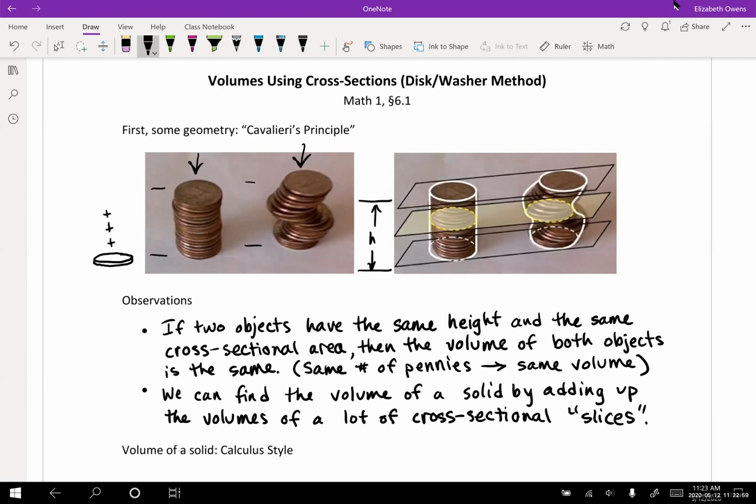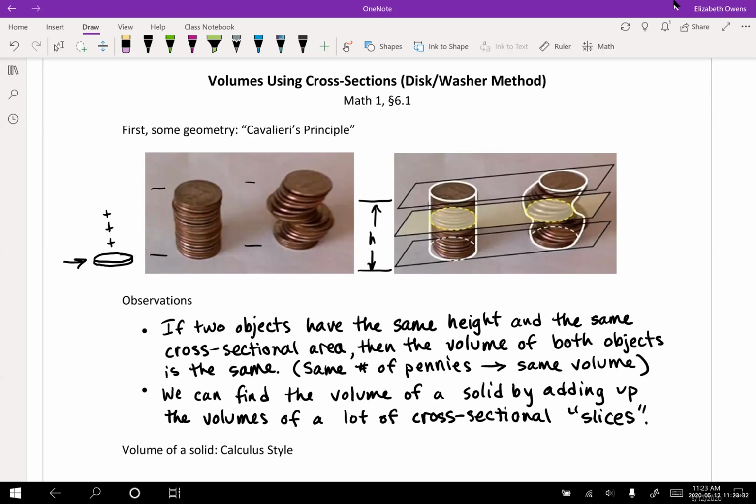Okay, so yeah, like how we're doing here with the pennies, if you think of the volume of one individual penny, that would be like a little cross-sectional slice of this object. And then to find the total volume of that object, you could add up however many slices, however many pennies there are in the full stack. All right. So yeah, that's the principle we're going to use there.